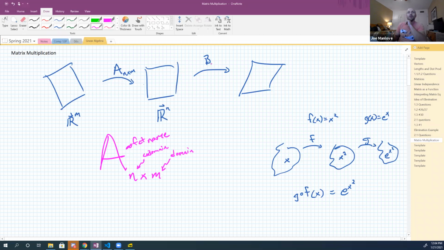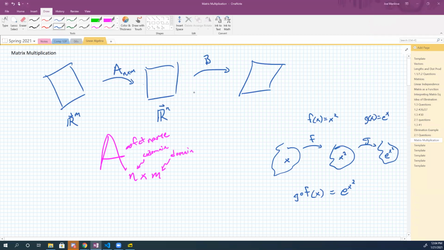So when I've got my matrix B here, what do I know about B? Do I know about B's domain or range when I'm looking at this space here? Can you repeat the question? So is this space right here at the beginning of the B arrow, is that B's domain or B's range?